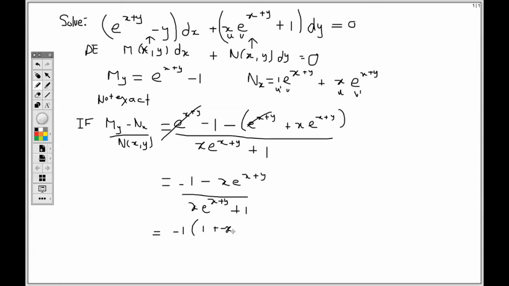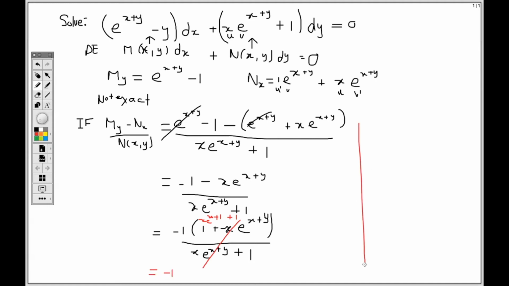What I have in this bracket is the same as the denominator, so I can rearrange the numerator as x e^(x+y) plus 1. So this cancels, and I get negative 1.